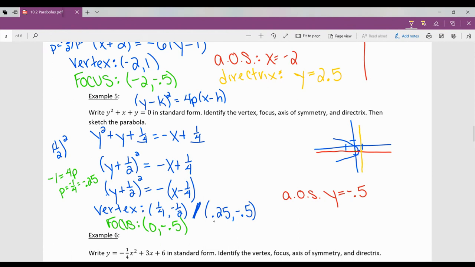Okay, so my directrix is a vertical line. So that's going to be x equals. And now it's 0.25 away from my focus in the opposite direction. So if we add 0.25, it's going to be, whoop, can't find my screen. There we go. So if I add 0.25, it's going to be 0.5.